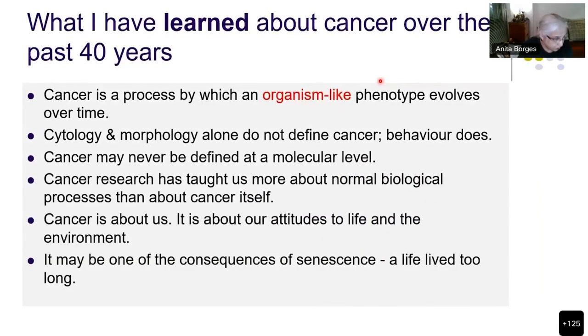Okay? So what is it that I have learned? I don't know what you have learned, because you're too young to have learned anything. I've been at this now for more than 40 years. I believe that cancer is a process by which an organism-like phenotype evolves over time, because it is almost like another organism transplanted or grown from your own body.